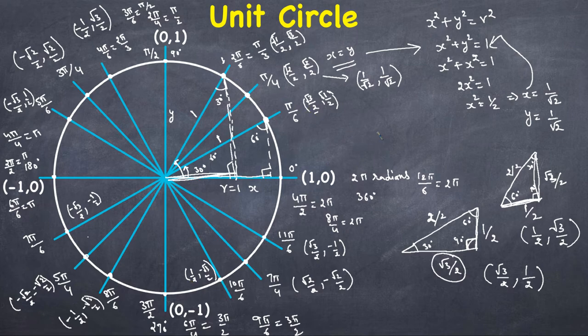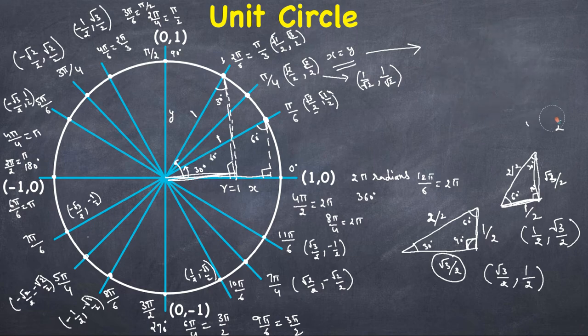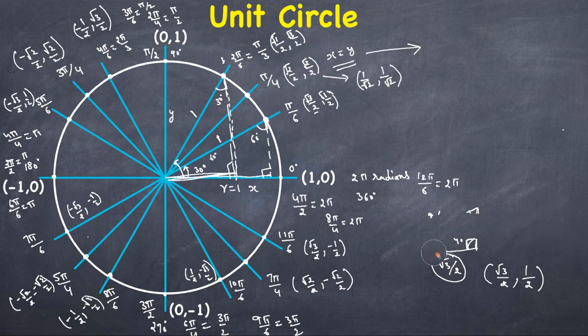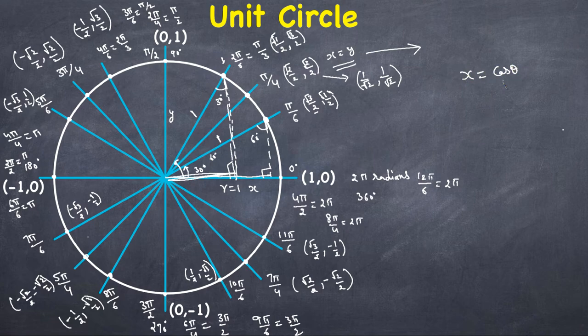Now let's find the values of sines and cosines. Let's make some space over here. So we know the x side is equal to cosine theta and y is sine theta.